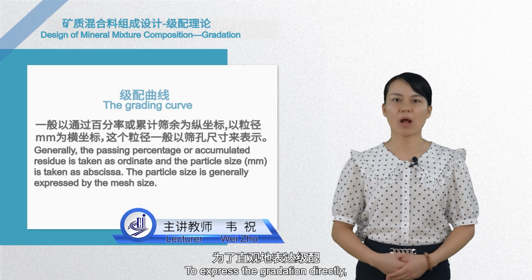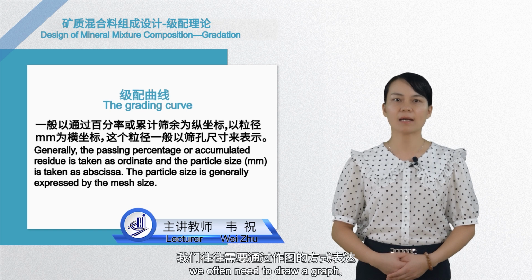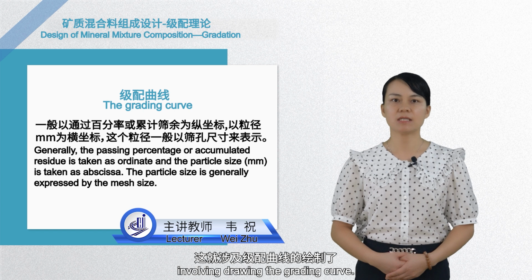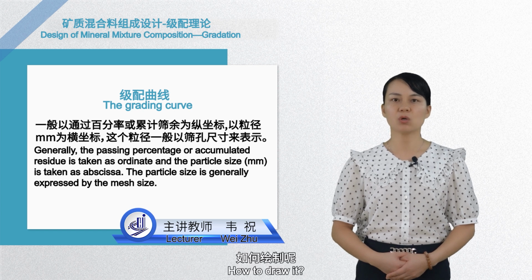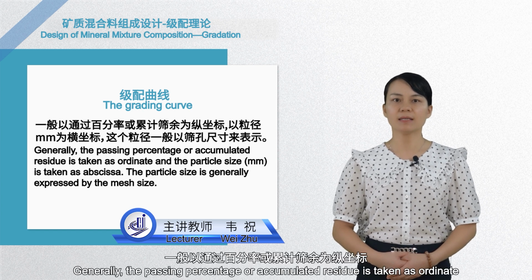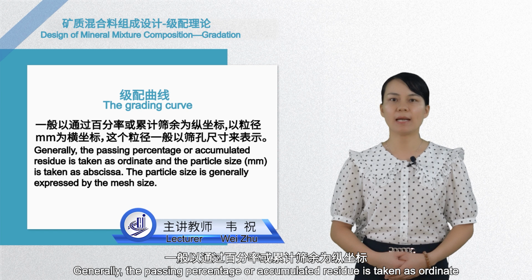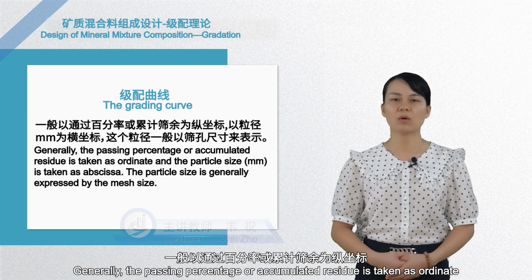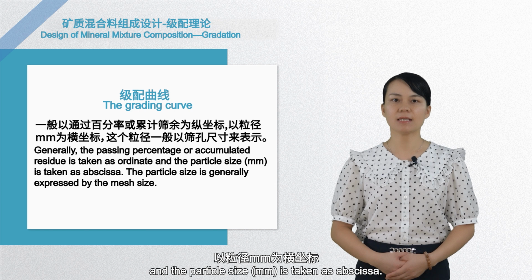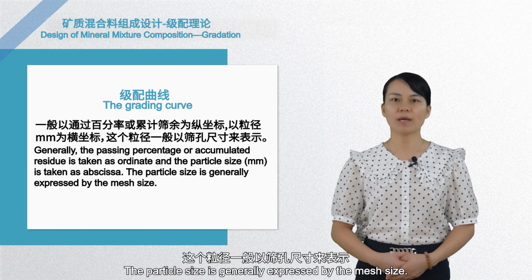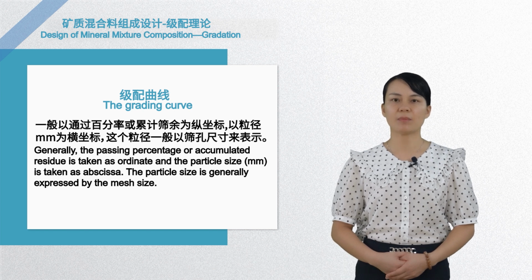To express the gradation directly, we often need to draw a graph involving drawing the grading curve. How to draw it? Generally, the passing percentage or accumulated residue is taken as ordinate and the particle size in millimeters is taken as abscissa. The particle size is generally expressed by the mesh size.